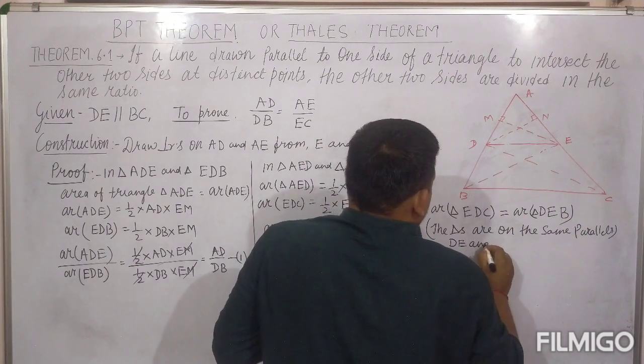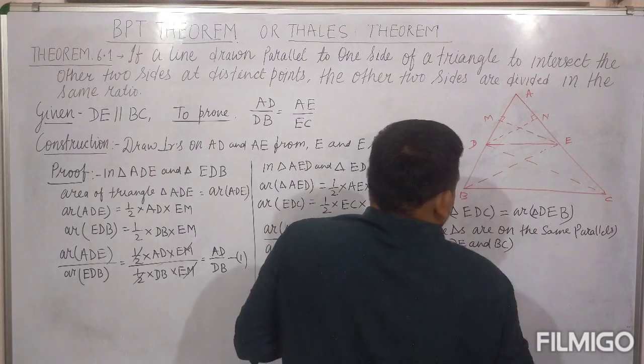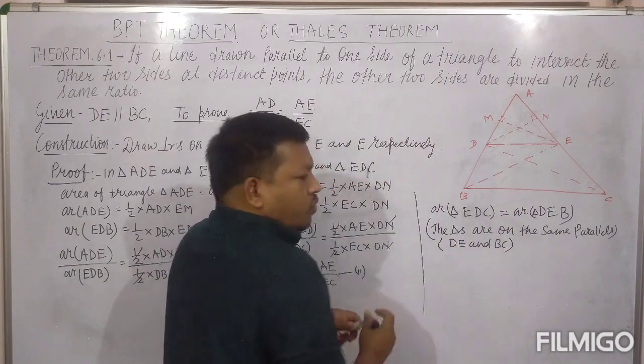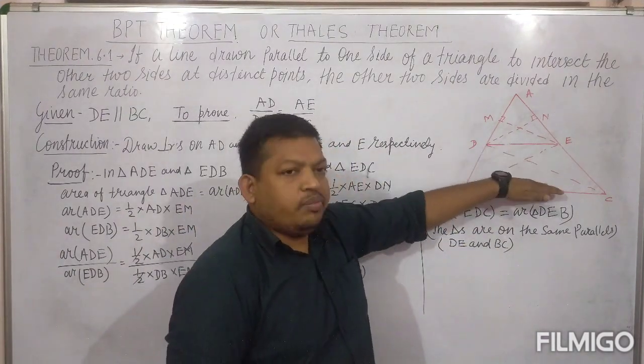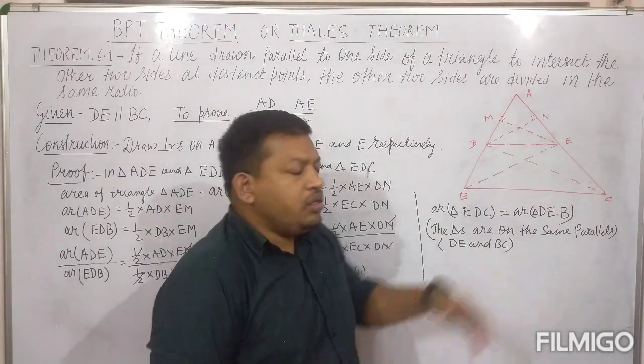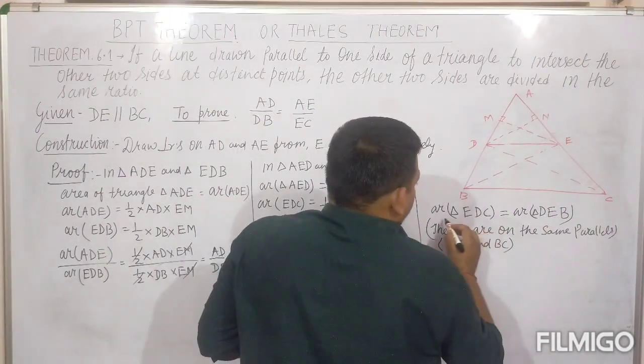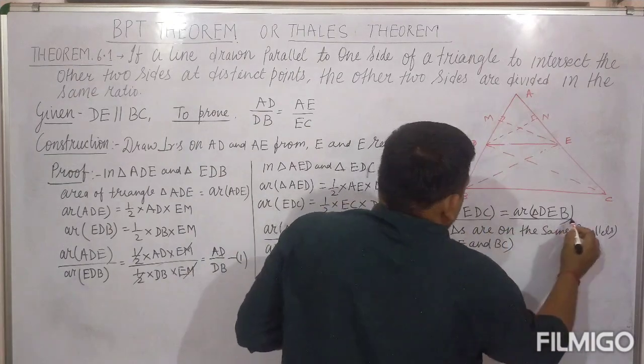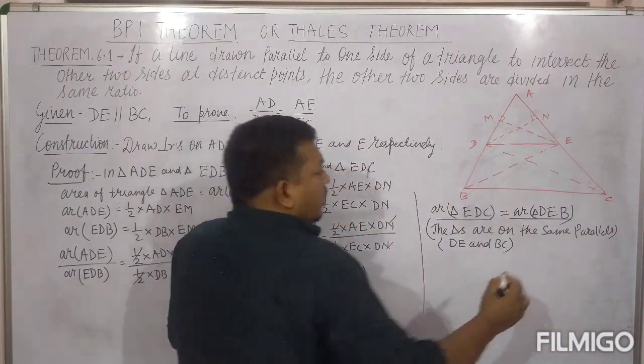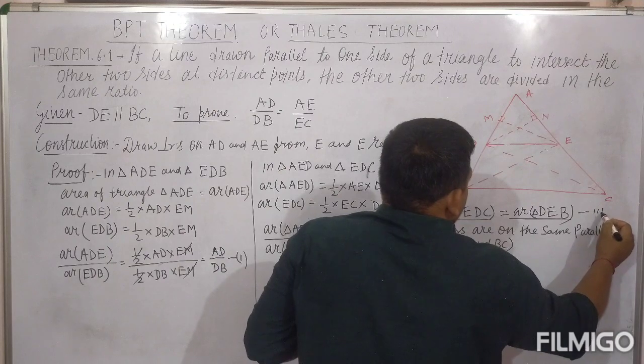The areas of triangles on the same base and between the same parallels are equal. That's why the area of triangle DEC and the area of triangle DEB will be equal. Let this be relation 3.